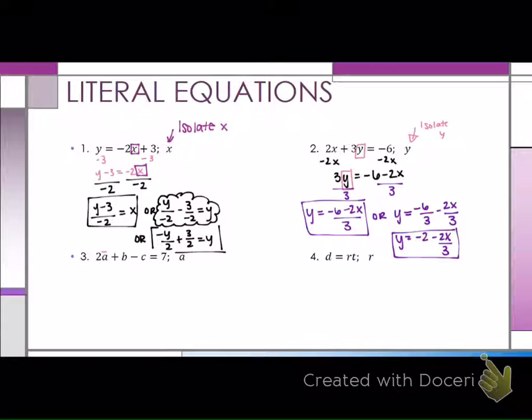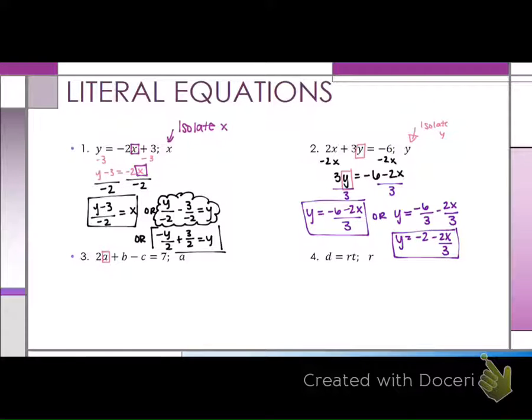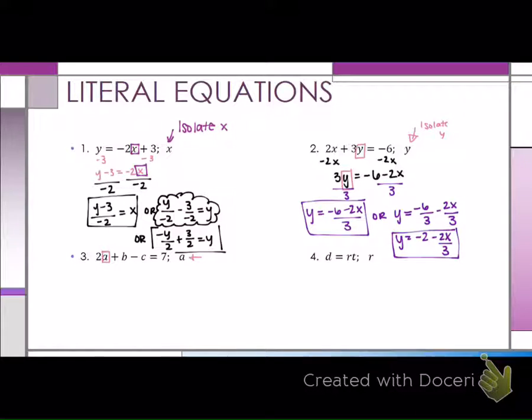Okay, RC. We need to get A alone. What do you want to move first in number 3? Do I need to slow down? No. Okay. So we're going to subtract B from both sides. Shh. No one should be talking.